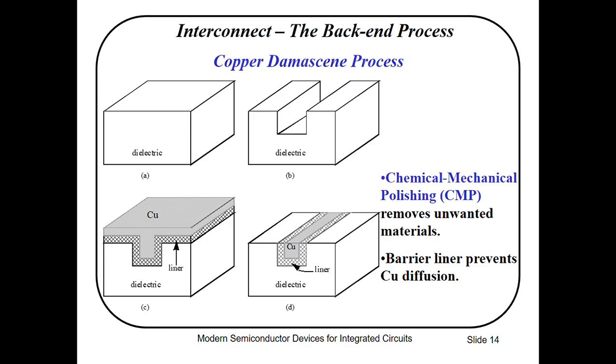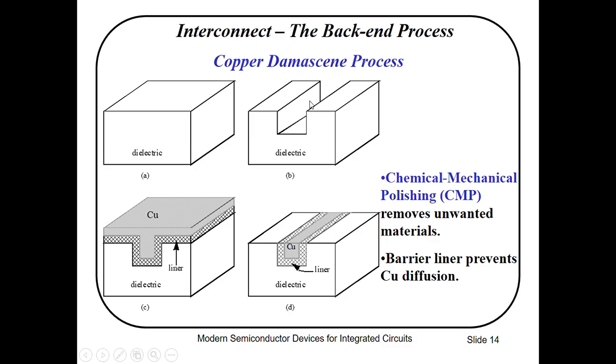So, the basic steps of forming copper interconnect lines using the Damascene process. We are going to explain this copper Damascene process here. The basic steps include: cover the wafer with a dielectric such as SiO2, and in B, etch a trench in the dielectric.